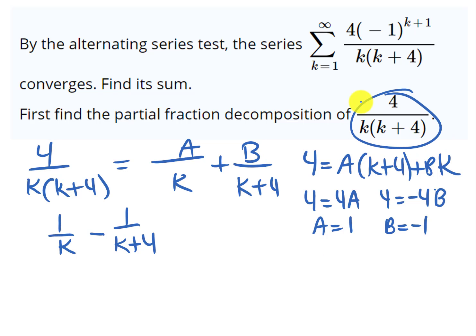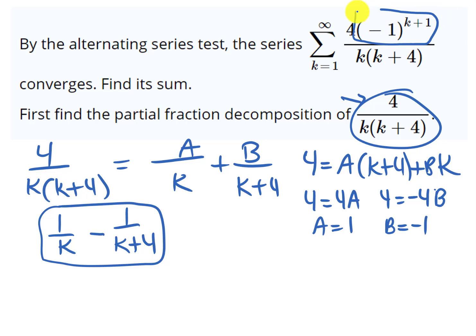Now if we were to write out the terms of this series, I'm going to write out the terms of this series right here, and then I'm going to add the alternating piece in just a minute.